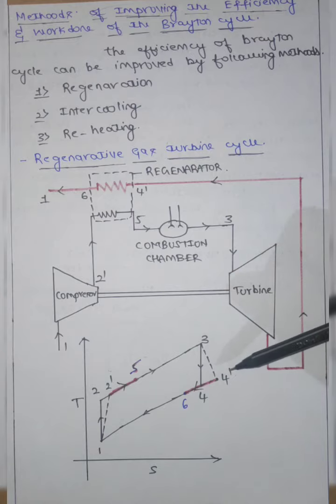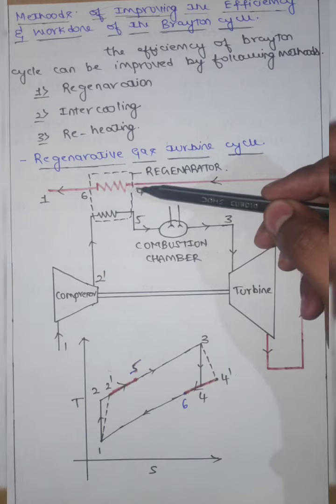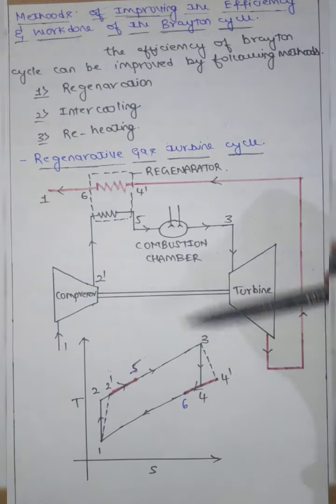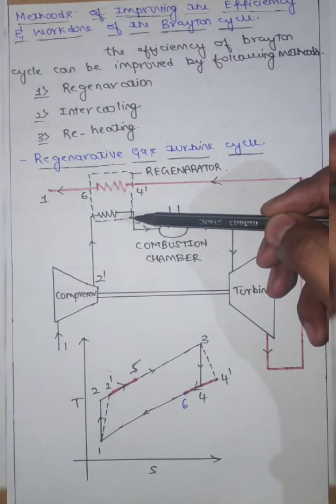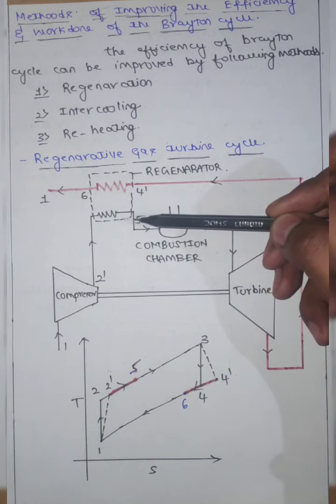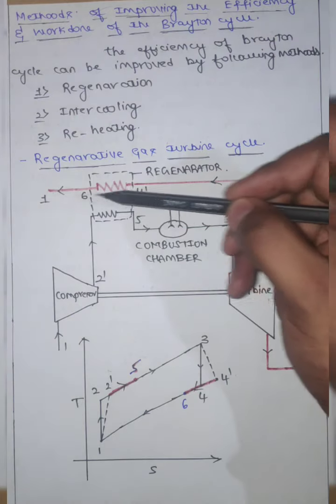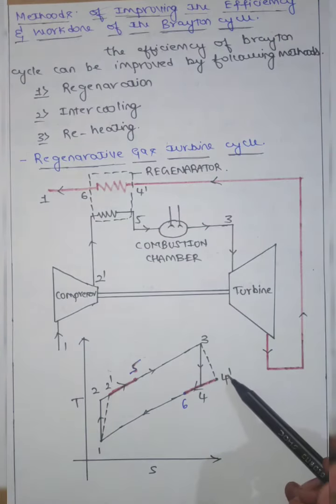From 4 dash to 6, whatever heat is remaining at the outlet of the turbine is being given to the gas which is coming as input to the combustion chamber. So from 4 dash to 6, the heat lost is this particular thing.